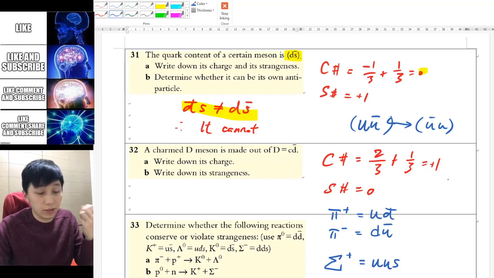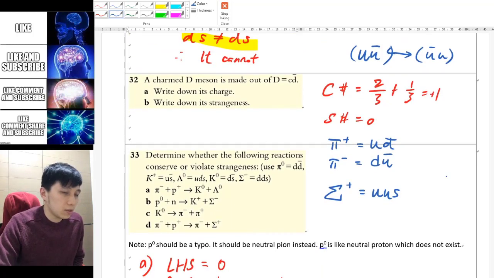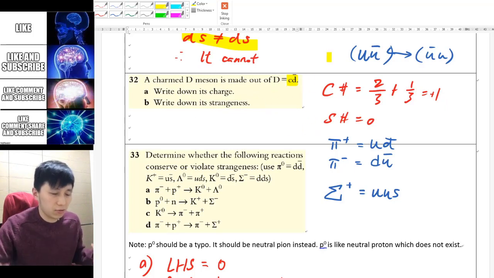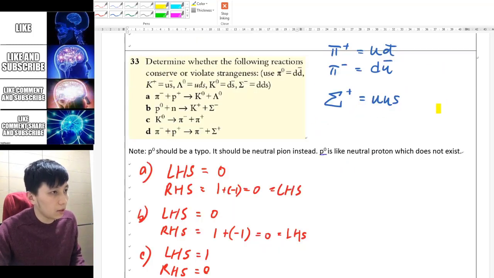So it has to be a meson and also the same kind of quark. Next one, it asks you about the meson with the quark content, whether it's charged, so just check it. I think it's very simple. Strangeness, there's no strange quark, so 0.